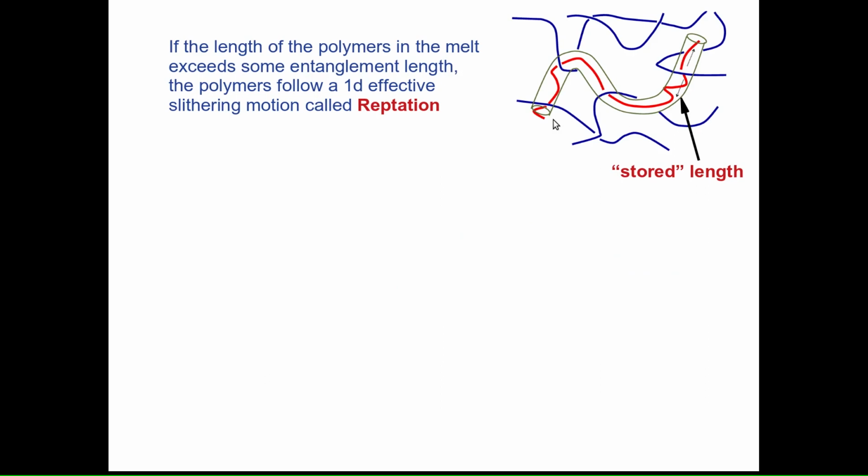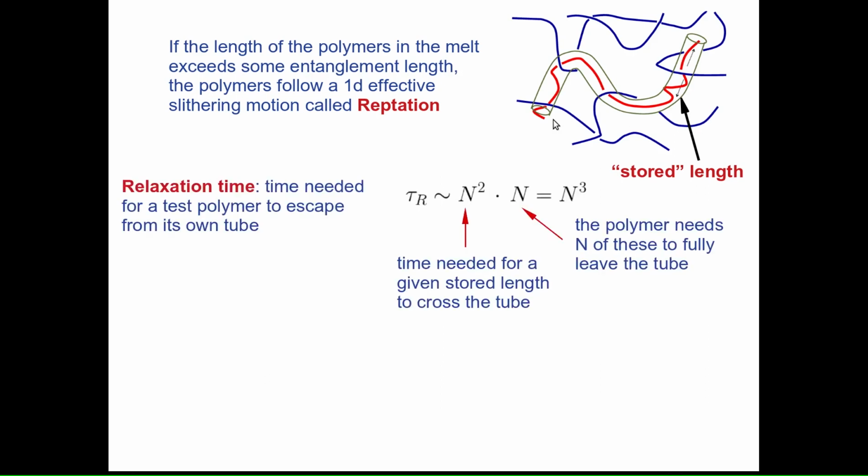All right. Now we want to do, again, a very simple scaling argument to understand how the polymer relaxes in time. What is the relaxation time of this polymer melt? What I would like to calculate is the characteristic time. To me, relaxation means that this red polymer has escaped from its tube.